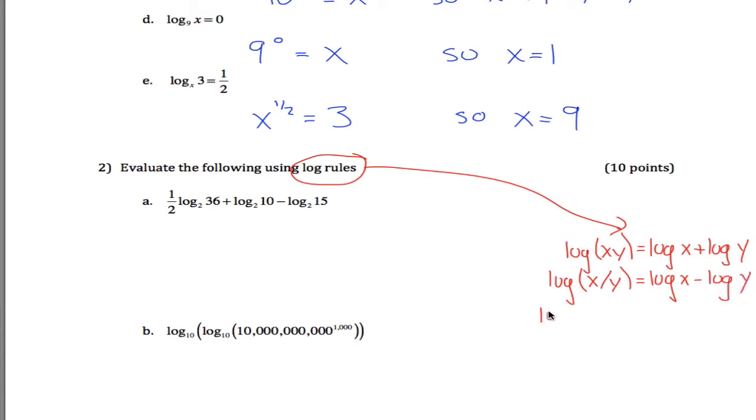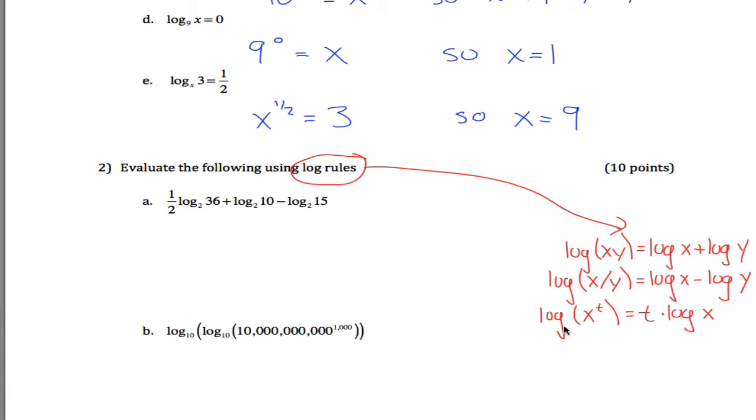And the log of something raised to an exponent is that exponent times the log of that base. Those are all the log rules we need. So now maybe we can evaluate this mess.